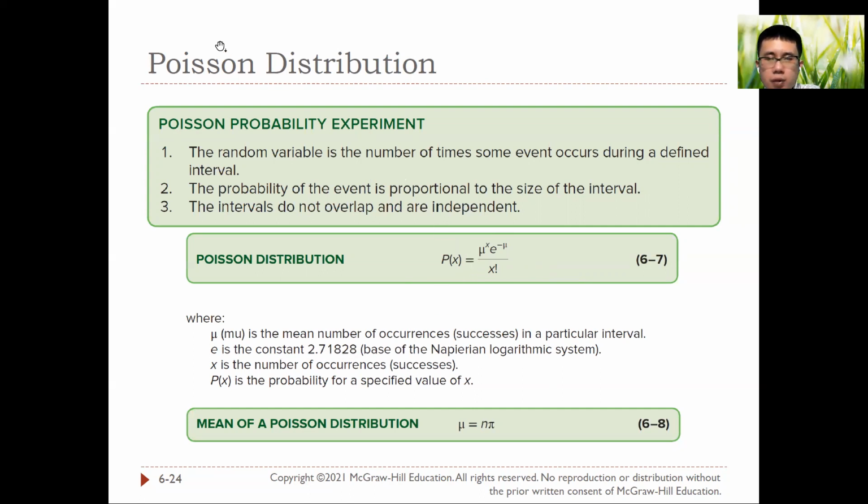And in the Poisson distribution, our X can be infinite. So X can be 0, 1, 2 until and so on. And here, by the sketchwork, the mean of Poisson is equal to n times v.